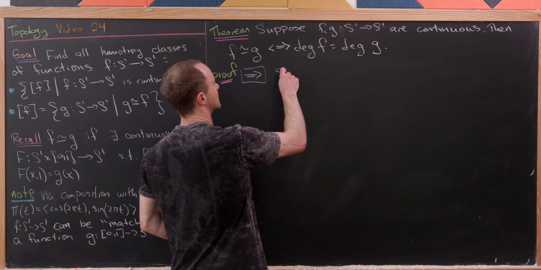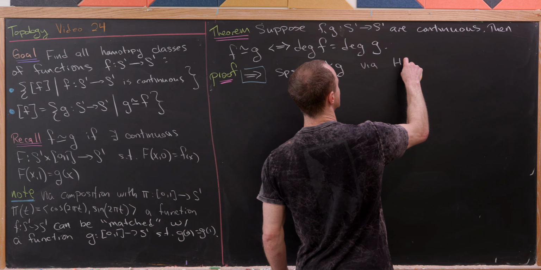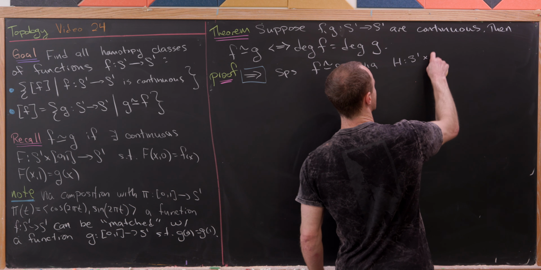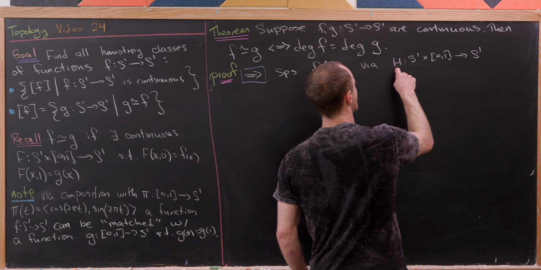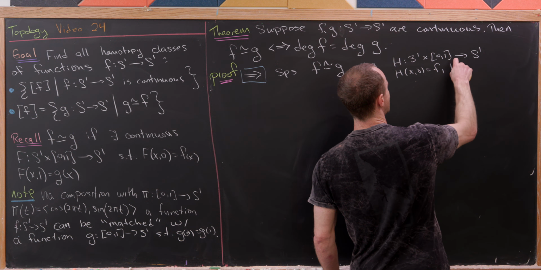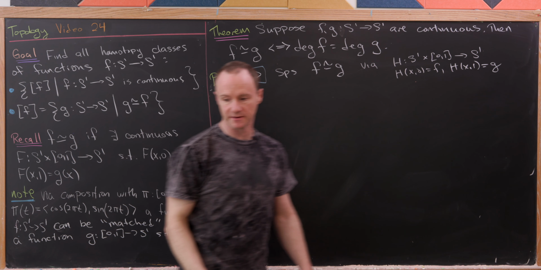So in other words, we'll suppose that f is homotopy equivalent to g, and let's say it is via a function which we'll call h. And h will go from S1 cross [0,1], obviously into S1, where h of (x,0) is equal to f, and h of (x,1) is equal to g.